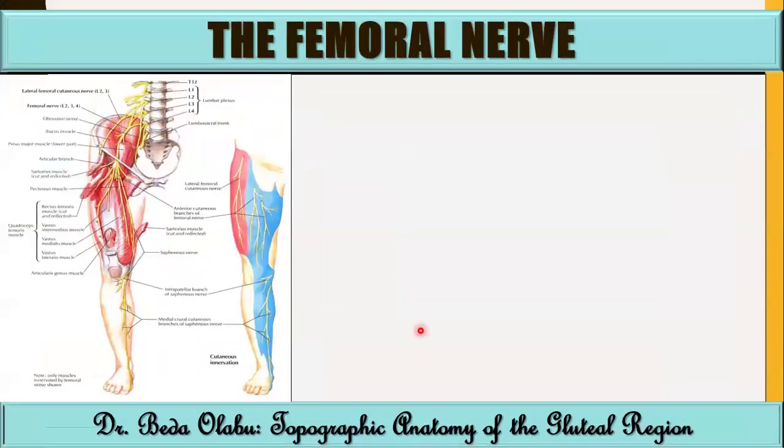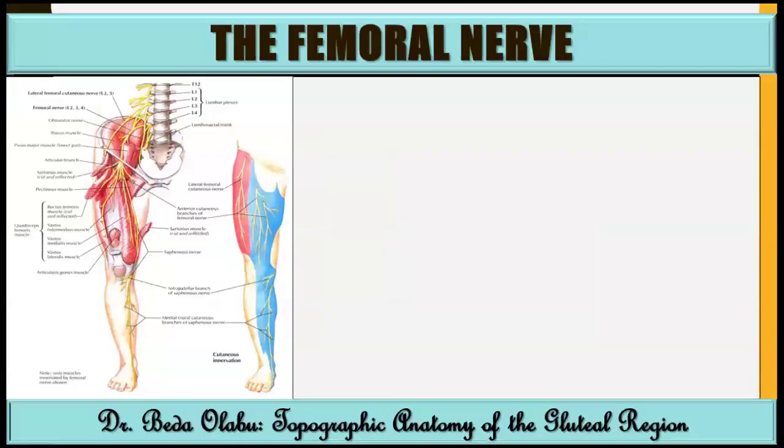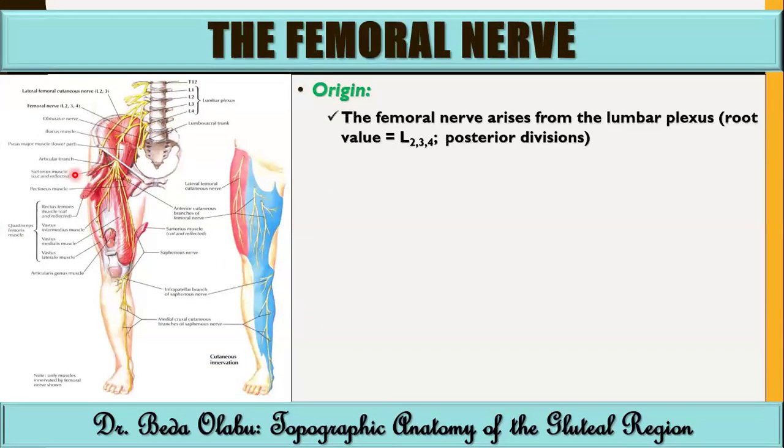So the femoral nerve, as you can see here, we see it mainly in the femoral triangle, but that's not where it comes from. The femoral nerve arises again from the lumbosacral plexus, but in this case specifically the lumbar plexus, with the root value L2, 3, 4. But the posterior divisions of the ventral rami are the ones that constitute the femoral nerve.